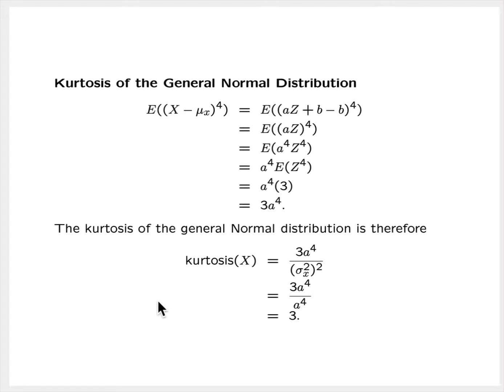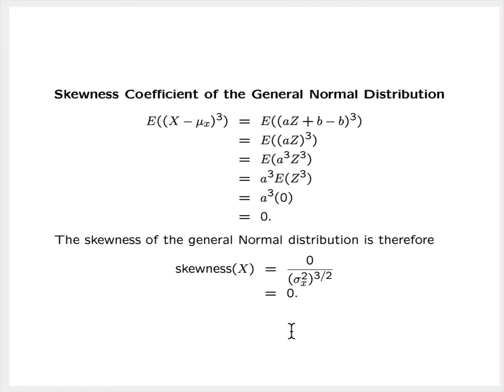So it was 3 for that special case normal distribution, but in fact, what this is telling us, because the kurtosis of the general normal random variable X does not depend on either of the two parameters of the distribution, mu or sigma squared, we see that every normal distribution has a kurtosis of 3. Now, likewise, let me back up a slide.